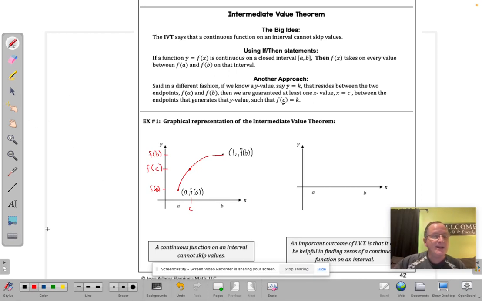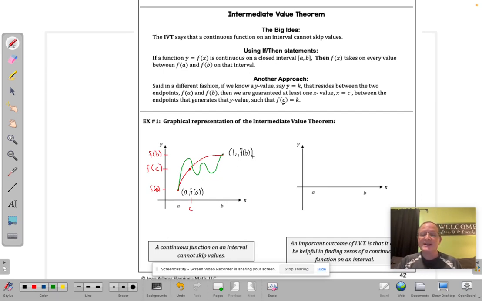Again, it could go up and down and hit a whole bunch of times, but what the existence theorem is saying is it's going to hit at least one time. So in this case, it would have been 1, 2, 3, 4, 5 times.